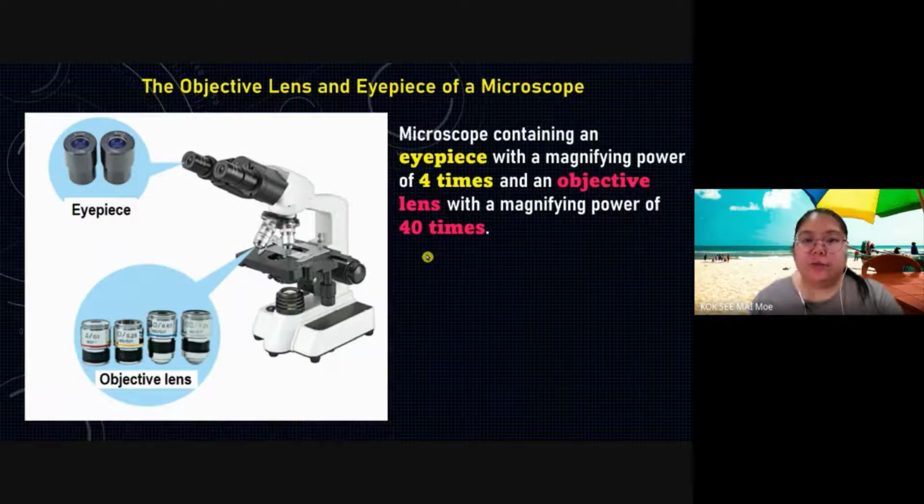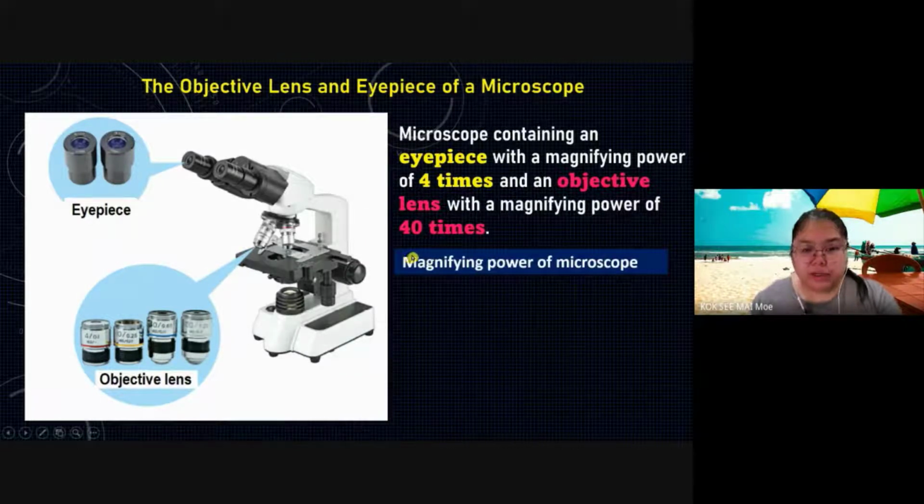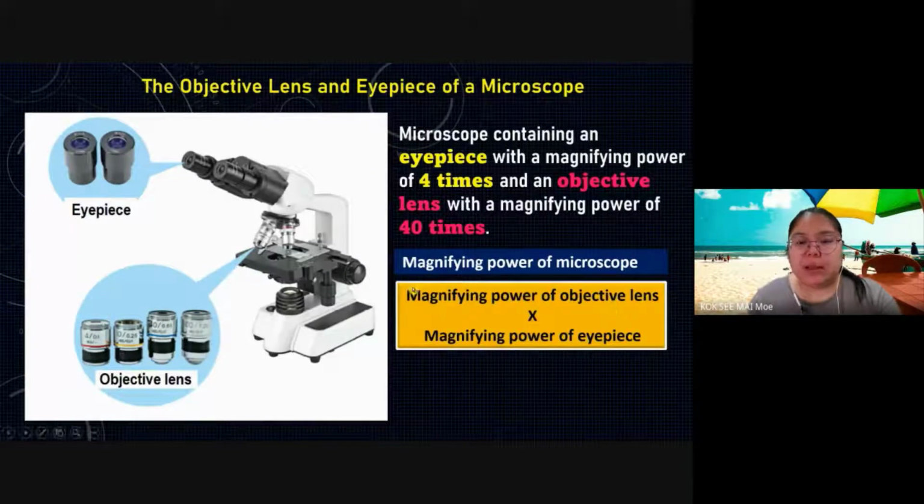From here, we're going to see one calculation: the overall magnifying power of the microscope. How to do the calculation? You need to take the magnifying power of the objective lens, that's 40, and multiply by the magnifying power of the eyepiece, that's 4 times. If the question asks you what the magnifying power of this microscope is, then you need to multiply these 2 lenses, not only the eyepiece, not only the objective lens.